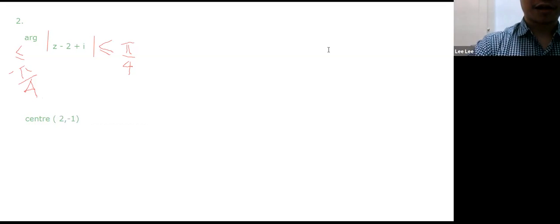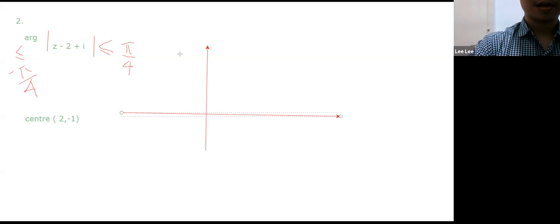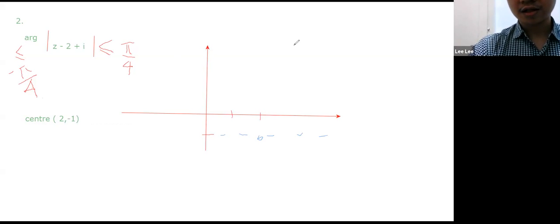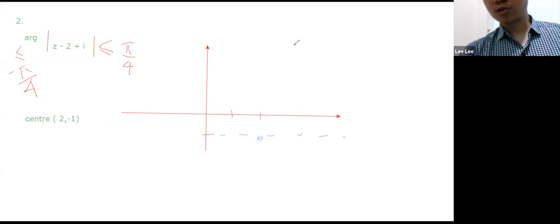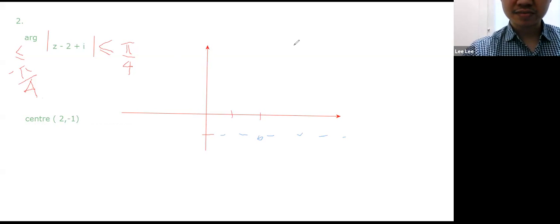So now I sketch. This is my y-axis. This is my x-axis. So I find 2 and negative 1. If you draw a horizontal line, I say between 45 degrees and 45 degrees negative, right?